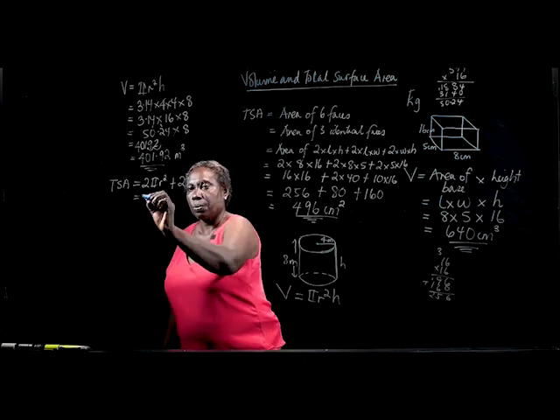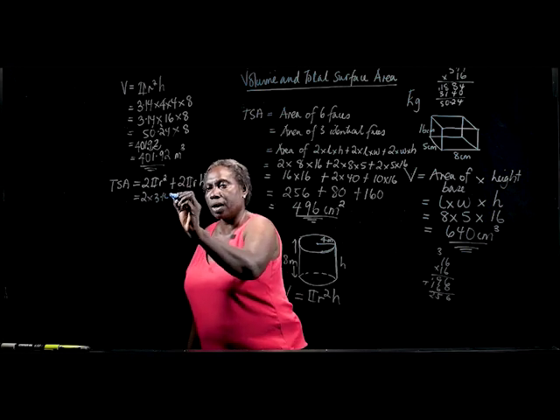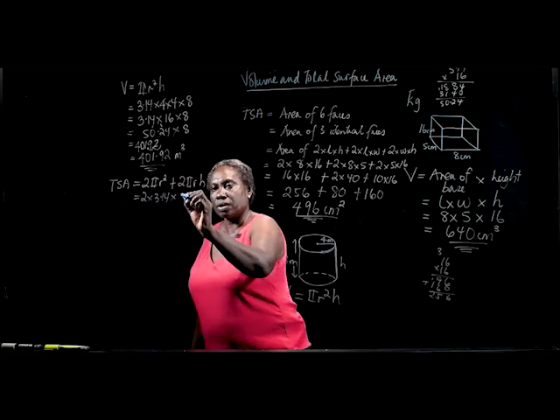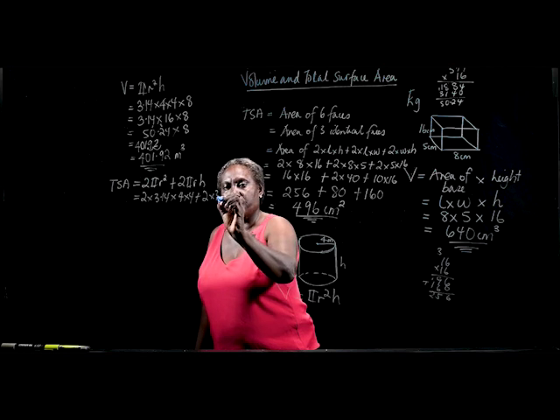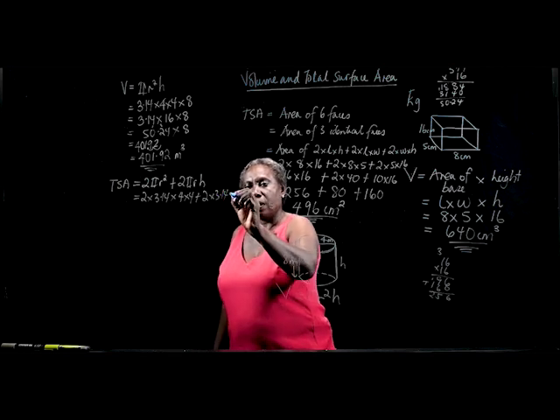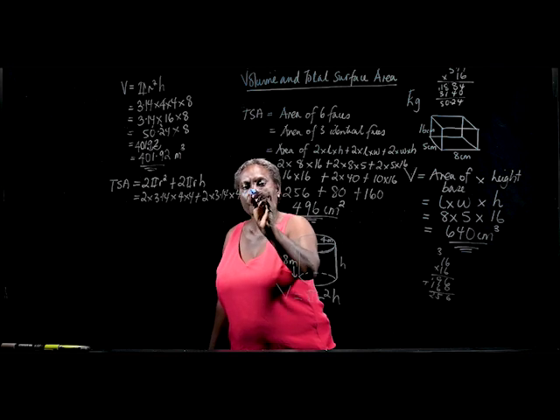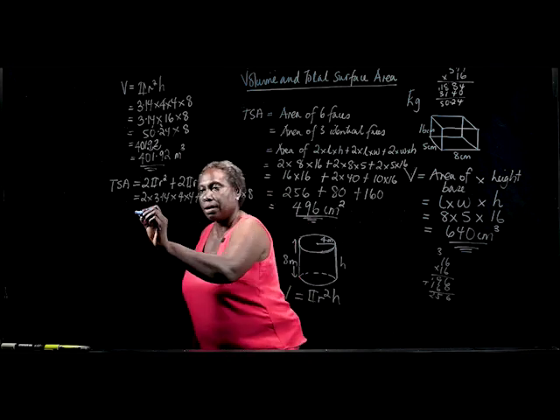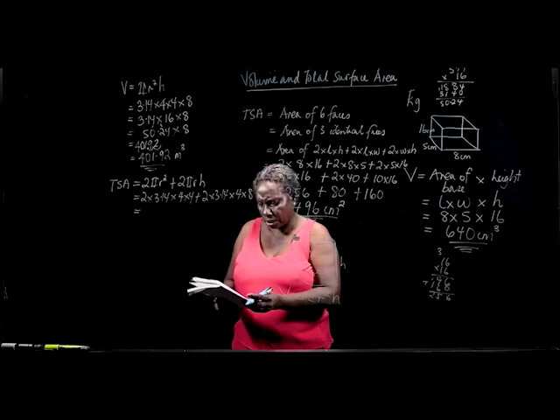Now, we have 2 times 3.14 times radius 4 times 4 plus 2 times 3.14 times the radius 4 times the height 8. Then we calculate that.